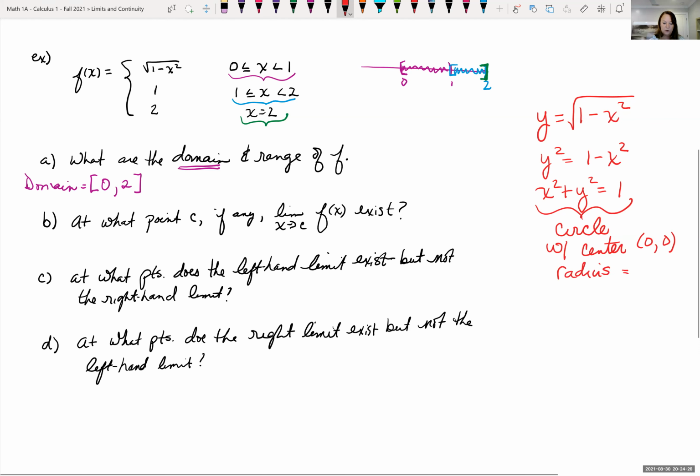So remember this was equal to r squared. I don't know if you guys remember, I'm just going to put it up here. Standard form of a circle is x minus h quantity squared plus y minus k quantity squared equals r squared, where the center is (h, k) and the radius is r.